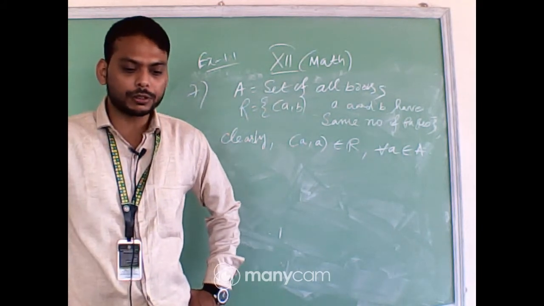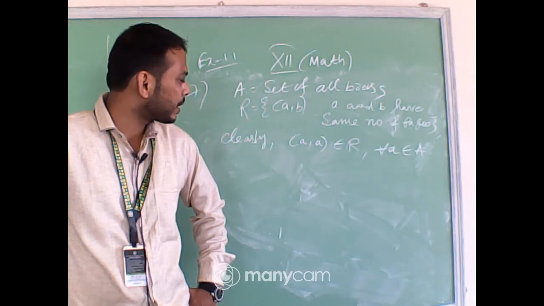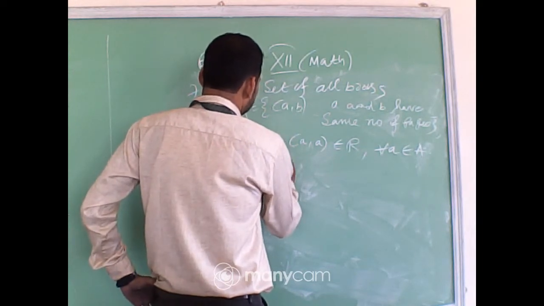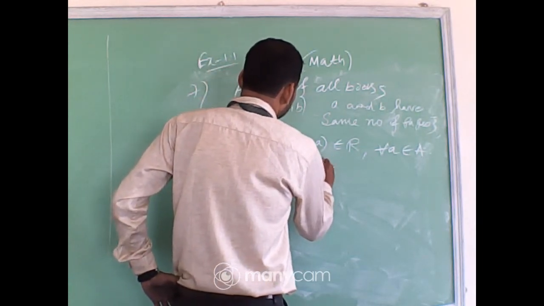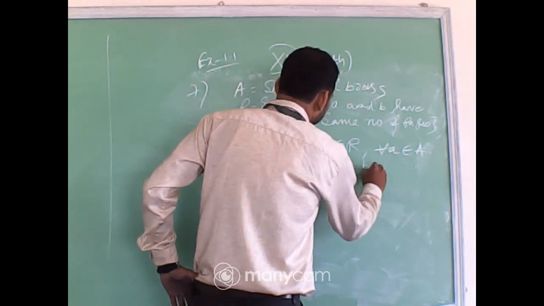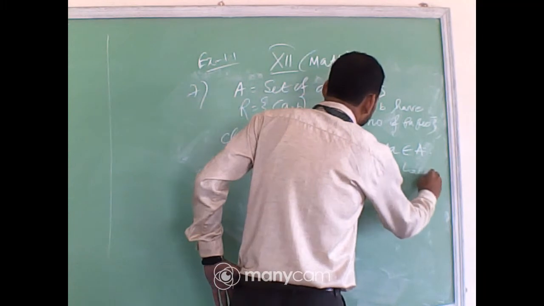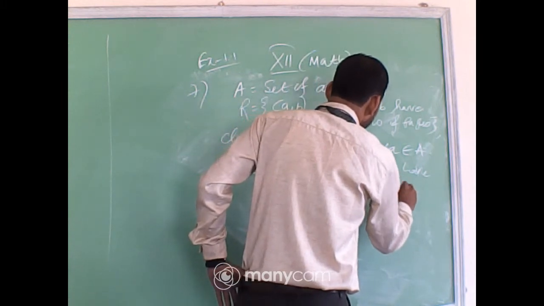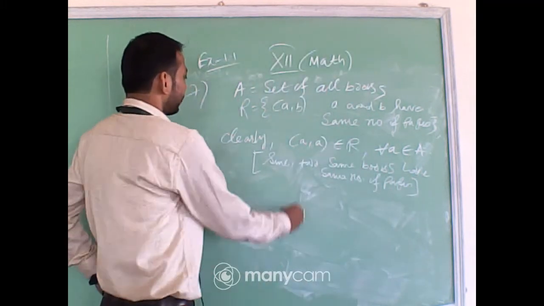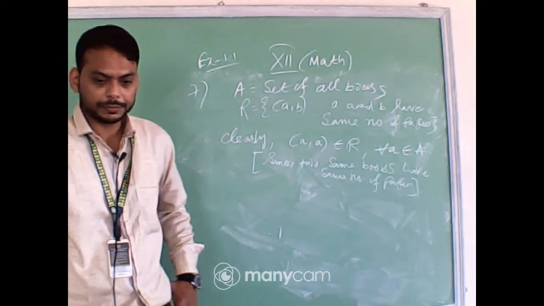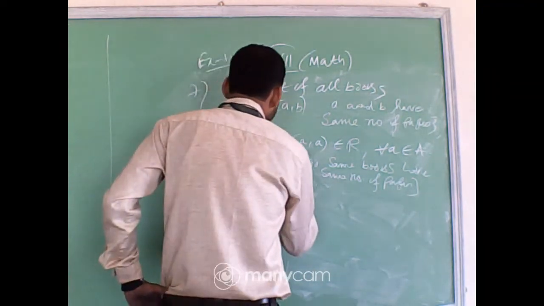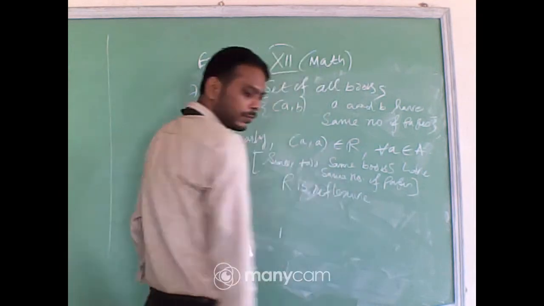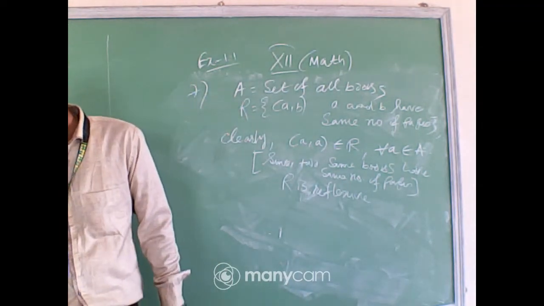So the logic is, since two same books have the same number of pages, R is reflexive. Is it all right?